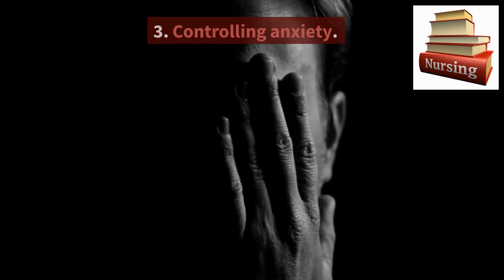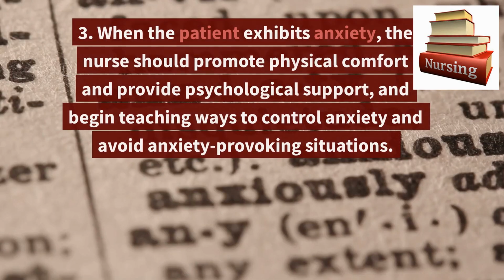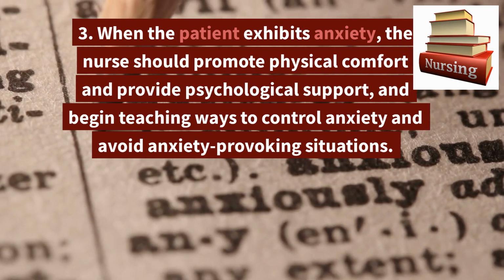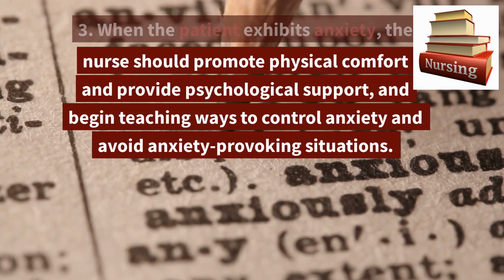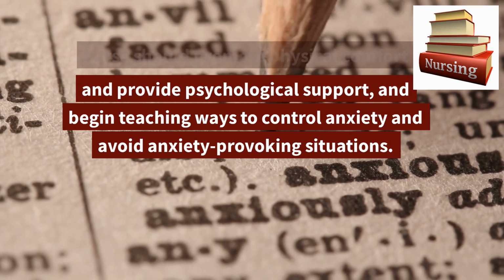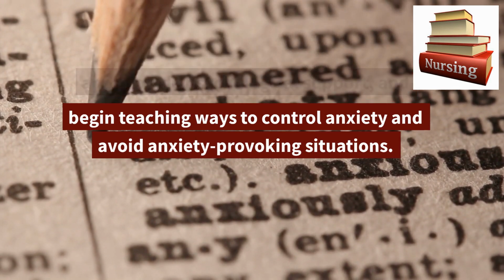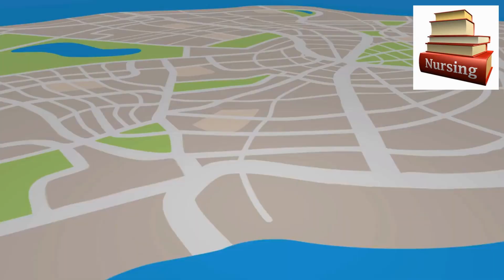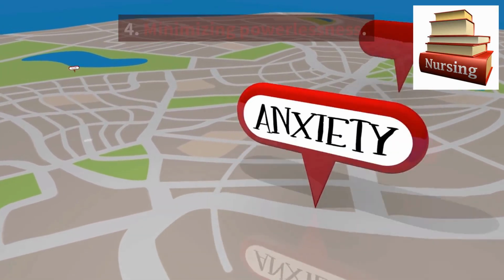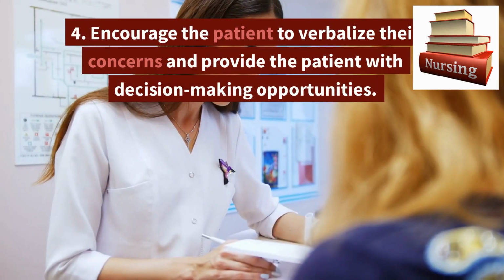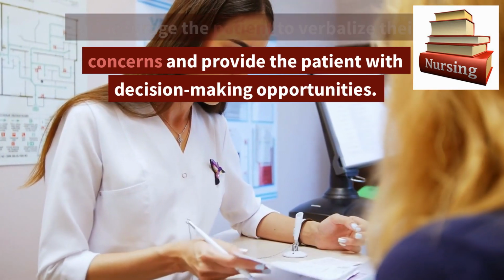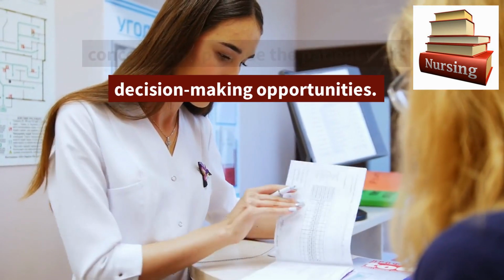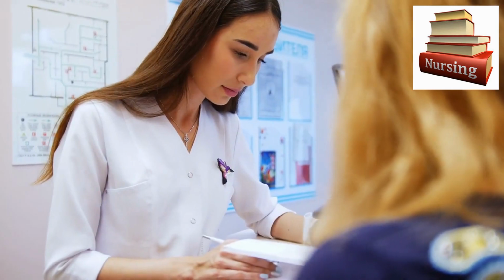3. Controlling anxiety. When the patient exhibits anxiety, the nurse should promote physical comfort and provide psychological support, and begin teaching ways to control anxiety and avoid anxiety-provoking situations. 4. Minimizing powerlessness. Encourage the patient to verbalize their concerns and provide the patient with decision-making opportunities.